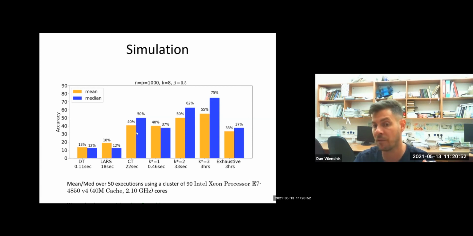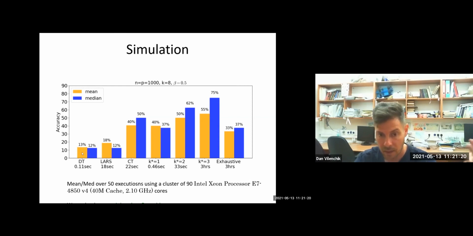So this algorithm fails. What you see here is the mean accuracy and the median accuracy over 50 executions. So we sample the distribution, we run the algorithms, we ask them for the K features that they think are the right 8 features, and we just compute their accuracy. So diagonal thresholding, that's the basic algorithm, take the 8 features with largest variance, fails miserably. This is like guessing, right?